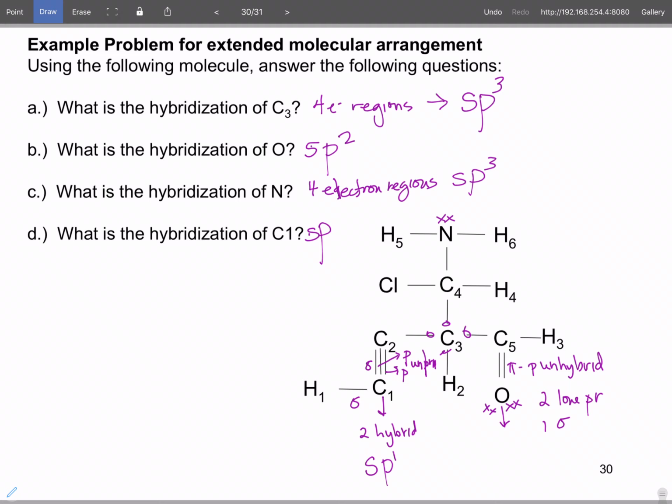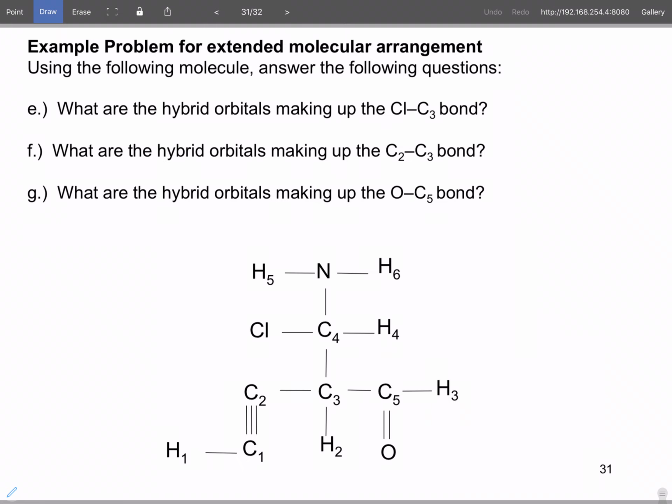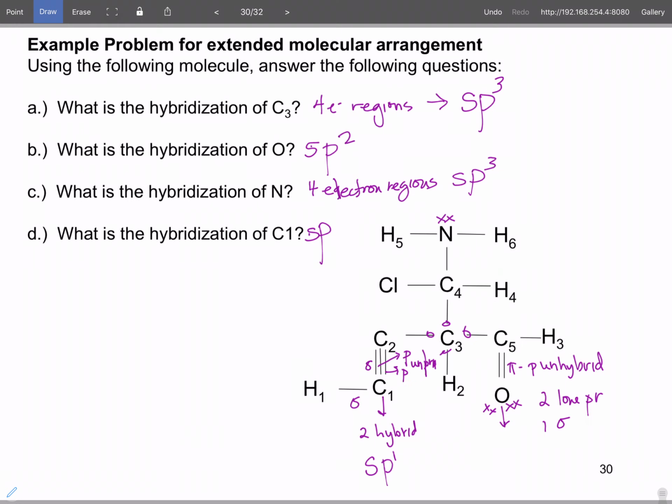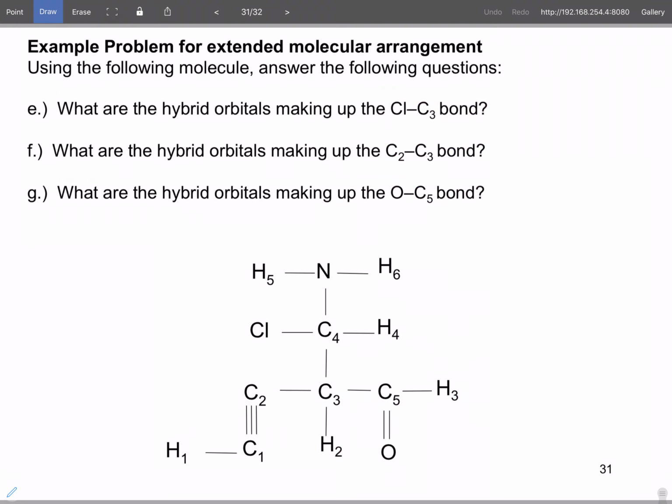Pi bonds have to be unhybridized p's. Oh, I forgot, this was the one that was added in. I accidentally added in a blank page, so we're just going to ignore that one.